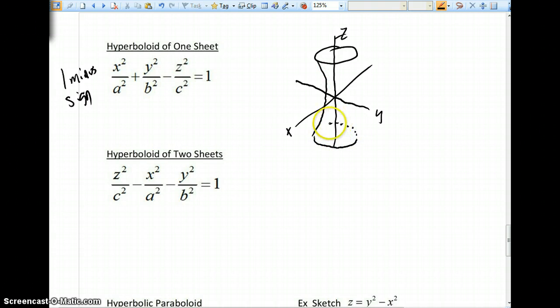Maybe you've seen shapes like this. Sometimes there are some coffee cups that have this general shape. Some nuclear reactors in their towers have these shapes. In fact, our textbook has a picture of this as well.